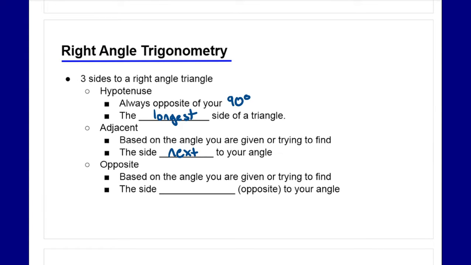If you're adjacent to something, you're beside it. The opposite is also based on the angle you're given or trying to find, and it's the side across from your angle, or in other words, opposite.